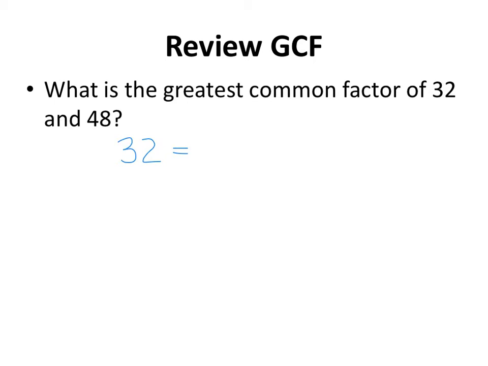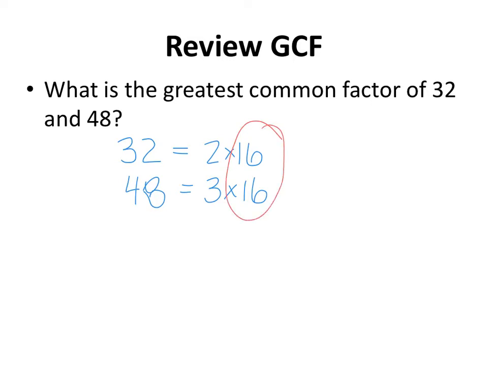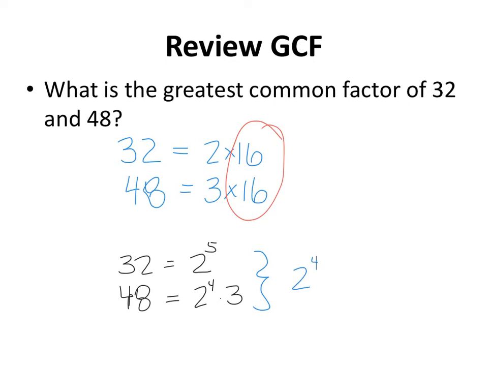So we might think about 32 as 2 groups of 16, and 48 as 3 groups of 16, so that the greatest common factor would be 16. And of course, we've learned earlier on in this chapter how we could use prime factorization to also find the greatest common factor of 2 to the power of 4, or 16.